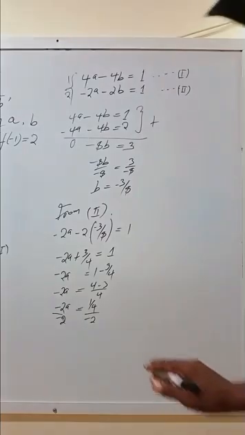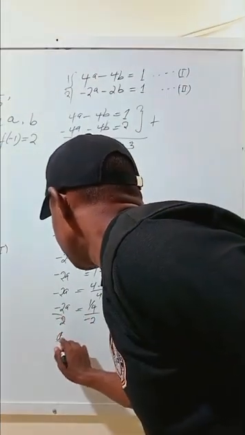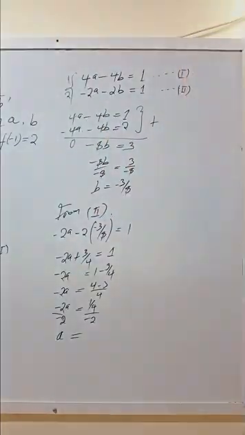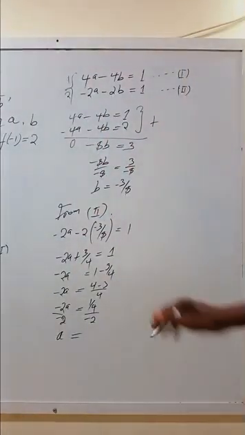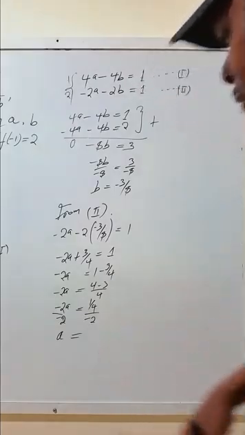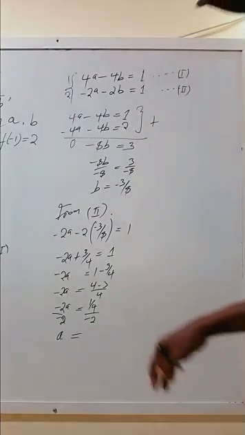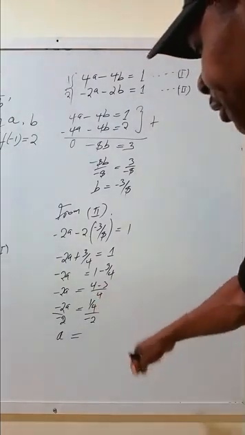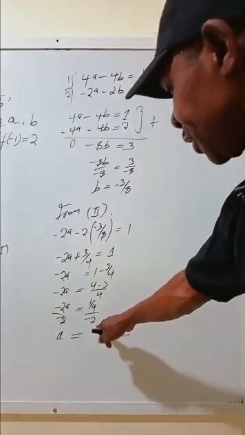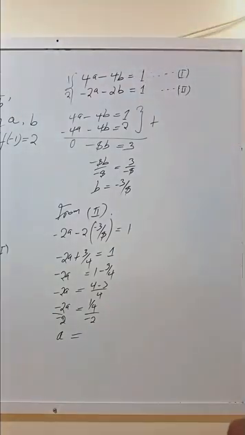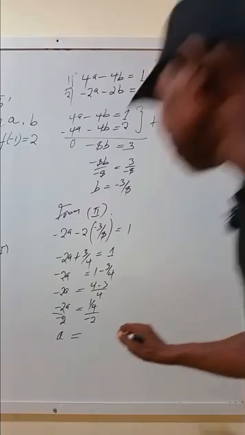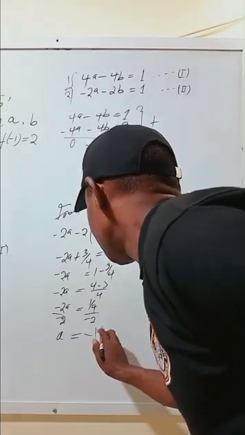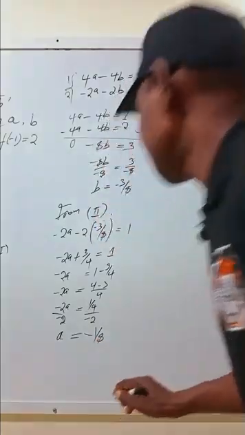Dividing through by negative 2, and this side by negative 2, here we get our a to be equal to a fraction divided by a whole number. It's the same as saying the numerator of the fraction divided by the product of the denominator and this negative 2 here. So what do we get from there? Negative 1 over 8.